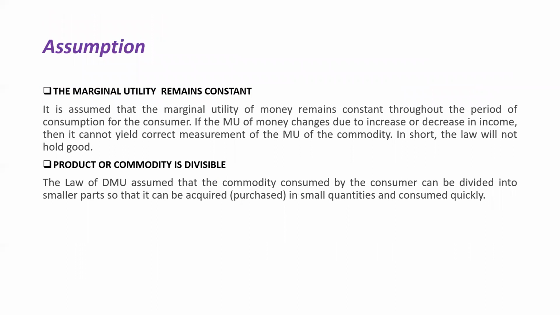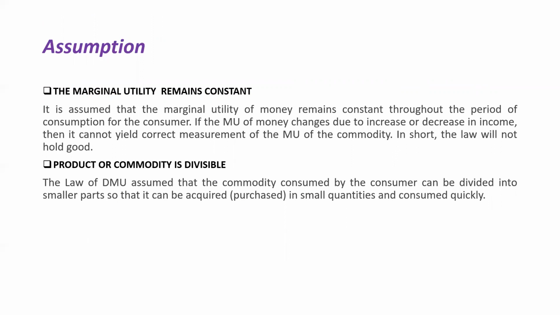Assumption: the marginal utility of money remains constant. It is assumed that the marginal utility of money remains constant throughout the period of consumption for the consumer. If the MU of money changes due to an increase or decrease in income, then it cannot yield the correct measurement of MU of the commodity. In short, the law will not hold good.